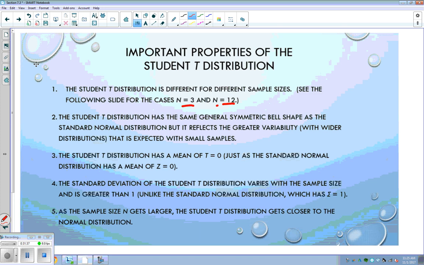What's nice is 0 is still 0. The mean of a t-score is still 0, like the mean of the z-score is 0. What changes is the standard deviation. Because as we saw on that drawing, let's get some different colors going here.